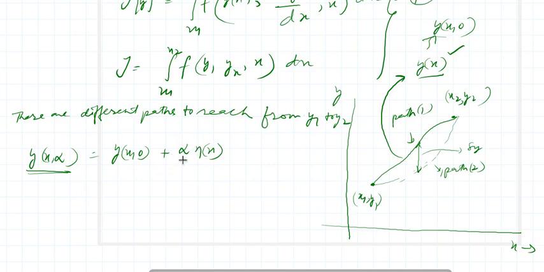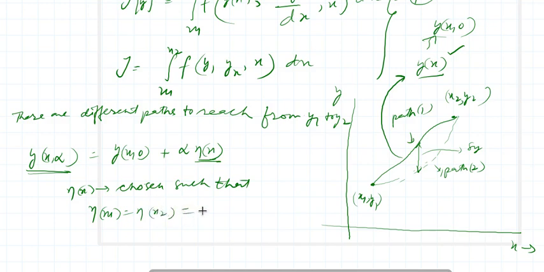Right. So such that this eta(x) is chosen such that its value at the extreme ends, because I am taking the integral from one point to the other point. I am taking the integral from x1 to x2. So that means I have chosen this eta(x) in such a manner such that eta(x1) is equal to eta(x2) and it is equal to 0.